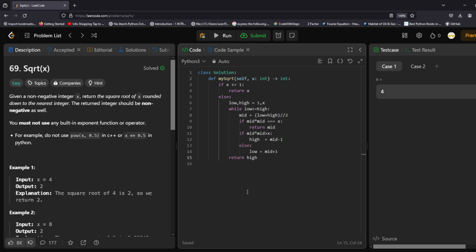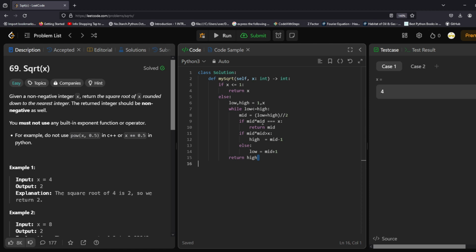I think this might be a little bit confusing, so let me explain it with the example of 3. Let's say x is 3, low is 1, and high is 3. Low 1 is less than or equal to 3, so the loop runs. Then the mid will be 1 plus 3, 4, divided by 2, so the mid will be 2.